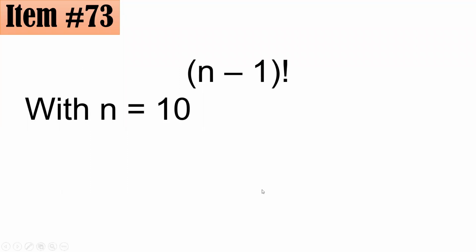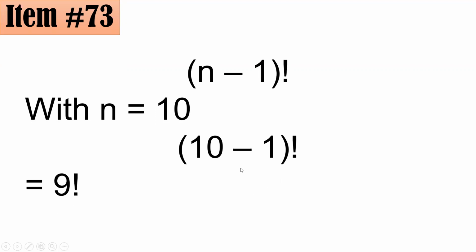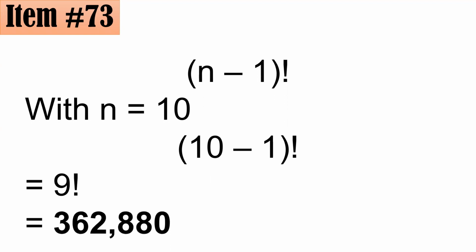So with n equals 10, that would be 10 minus 1 quantity factorial, that's 9 factorial, which means 9 times 8 times 7 times 6 times 5 times 4 times 3 times 2 times 1, or simply the product of all the natural numbers from 9 until 1. And that is 362,880, letter B.